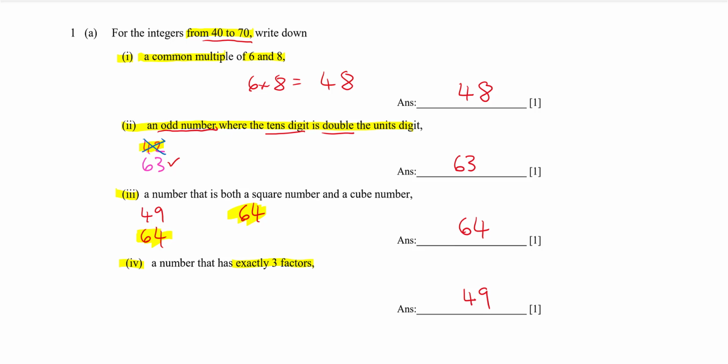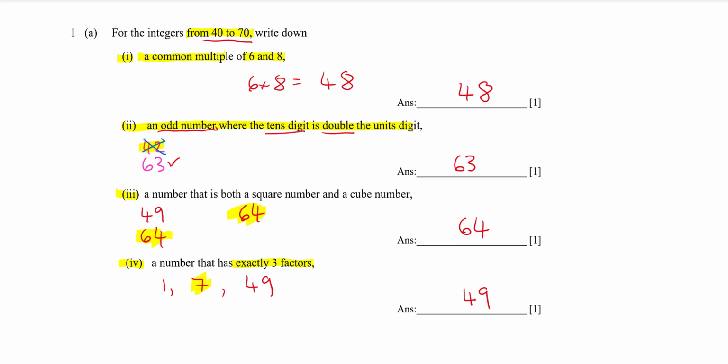And the reason is, the 3 factors will be 1, 7, and 49. Because 7 times 7 gets to 49, or 49 divided by 7. 7 divides into 49.